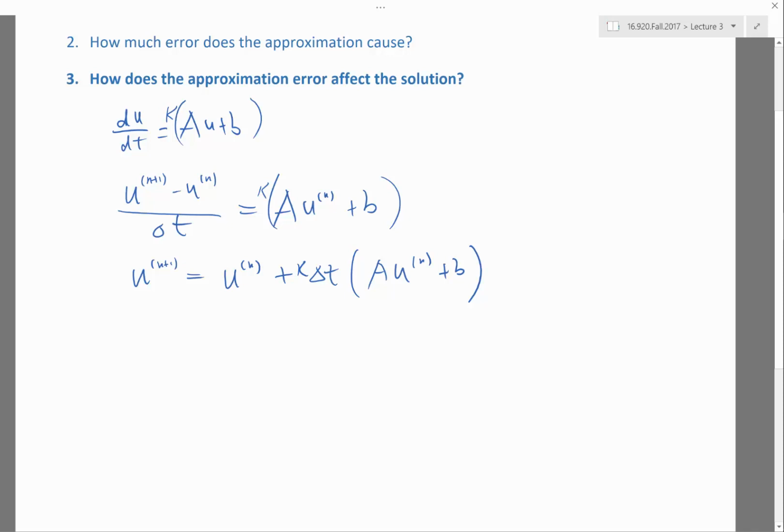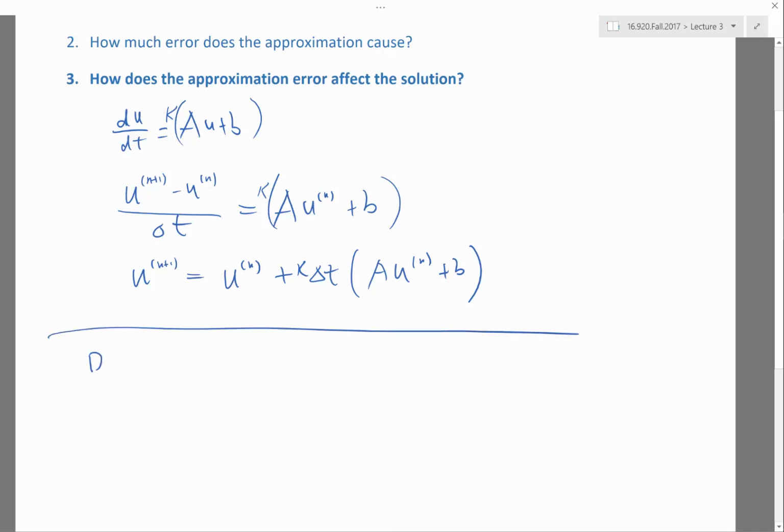Stability is important because of this. So think of when we are solving a differential equation. Let's use a different notation.